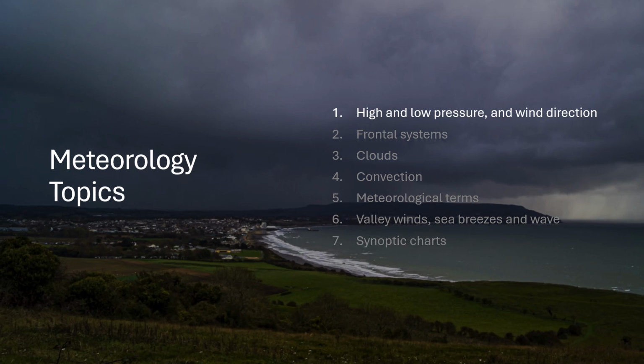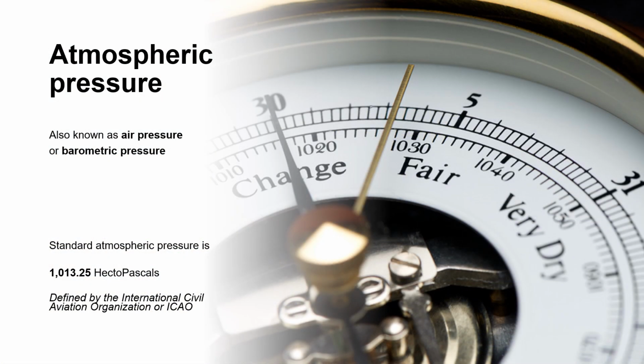Let's start with pressure systems and see how the Earth's winds move around them. To understand where winds come from, we need to appreciate the concept of atmospheric pressure. Atmospheric pressure is caused by the gravitational attraction of the planet on the mass of atmospheric gases above the surface.